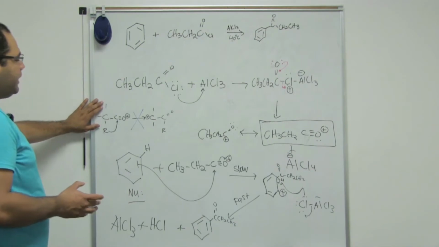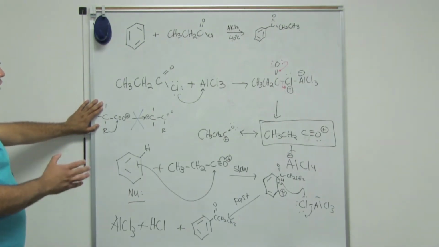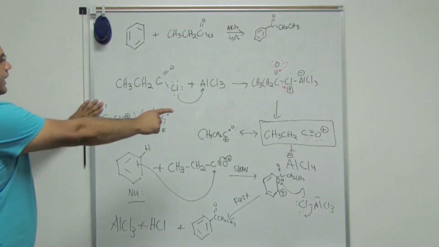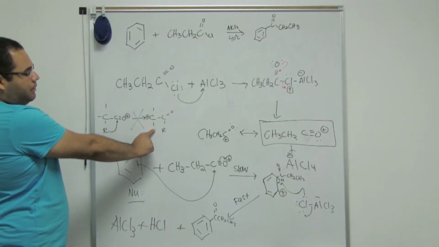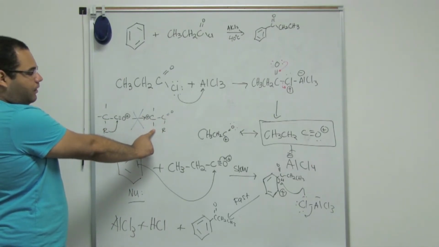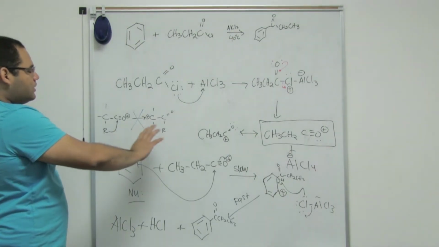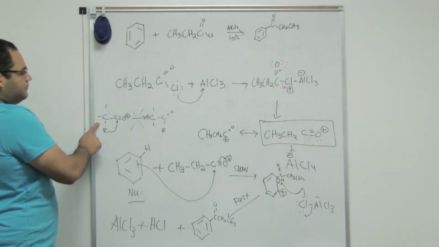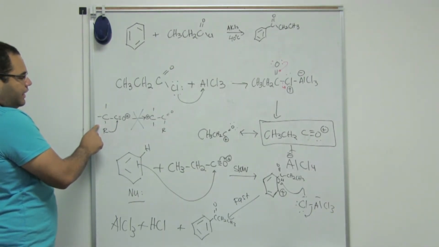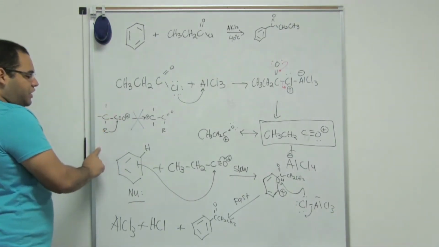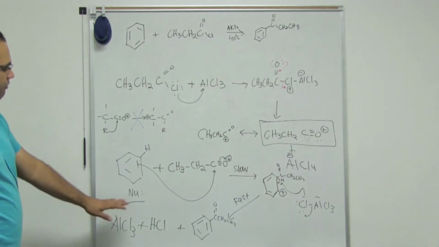And we said that we cannot claim rearrangements in this particular case, and the reason for that is because this rearrangement ends up in a molecule that is not following the octet rule, so it's not stable at all. So we keep our molecule as it is, without any rearrangement. Then we have our nucleophile.